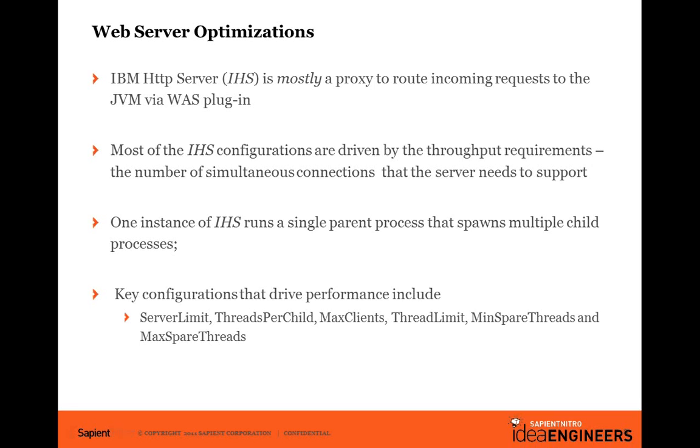So you need to arrive at a number through a mathematical model and then tune iteratively based on how your CPU is, how your memory consumption is, etc. A lot of configuration parameters are available in the web server, like server limit, how many child processes can you spawn, what is the maximum number of threads you can spawn, what is the maximum number of clients it can take.